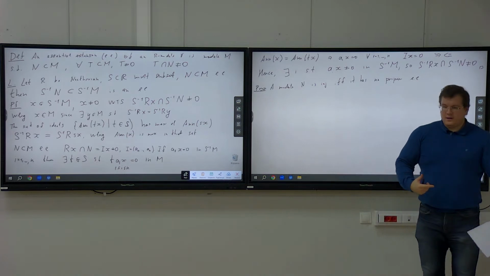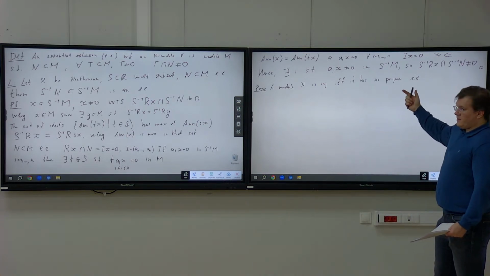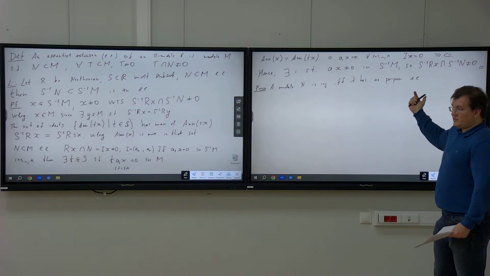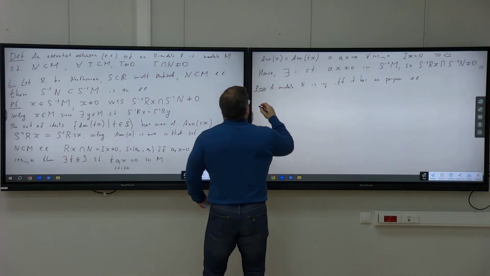Proper means that when you consider extensions, say you embed N into M, this M has to be different from N. Of course, we always have such an essential extension when N is just equal to M.